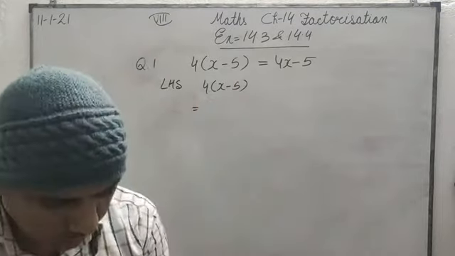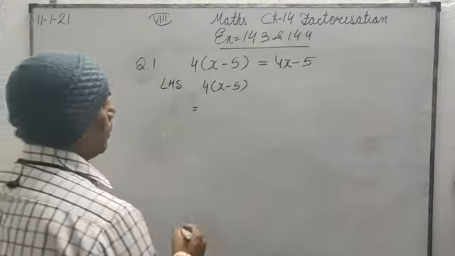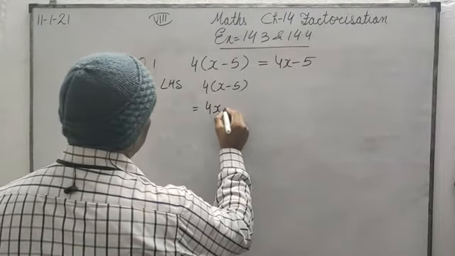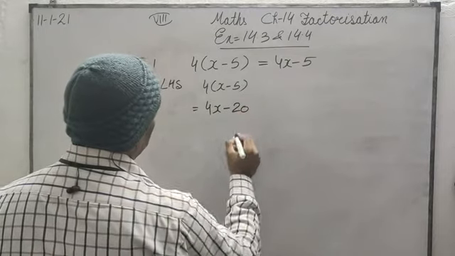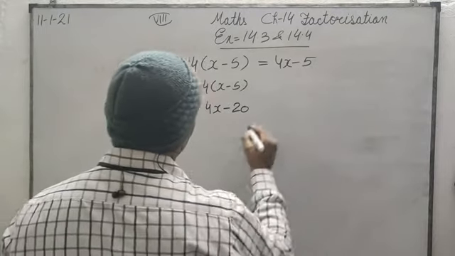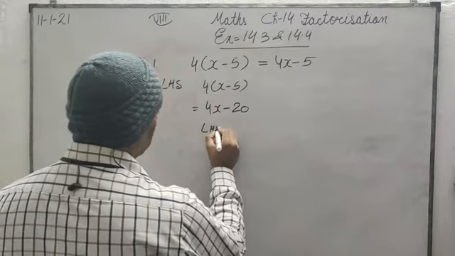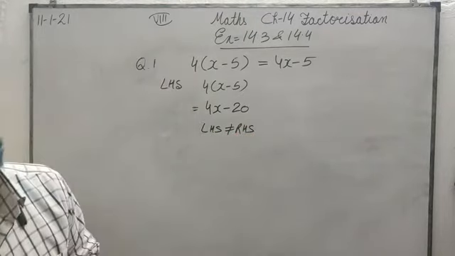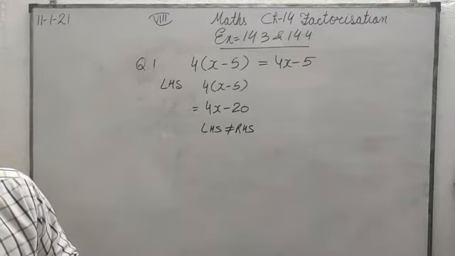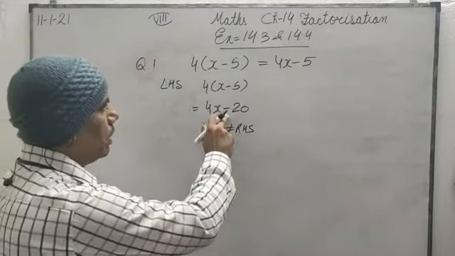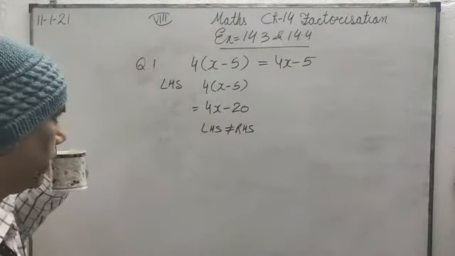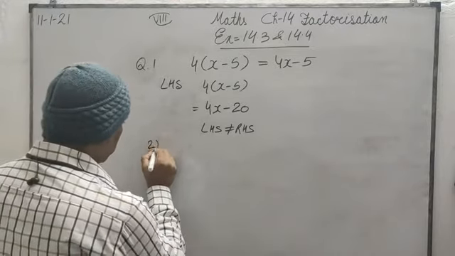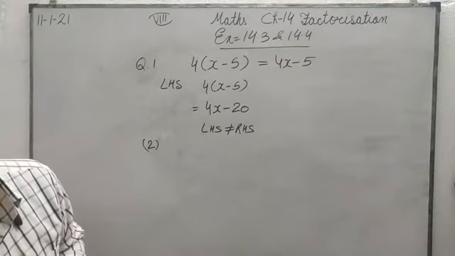Whatsoever is written outside the bracket is always multiplied in. So it will be 4x minus 20. And what he is saying, 4x minus 5. So left hand side is not equal to right hand side. It should have been 4x minus 20. He is writing 4x minus 5. So it is wrong. Let us see question number 2.